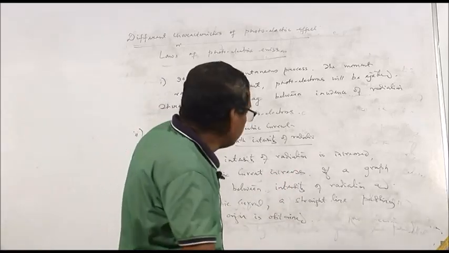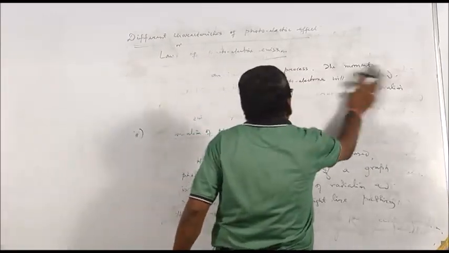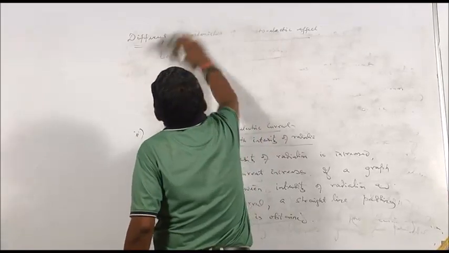You plot a graph between intensity of radiation and photoelectric current, you will get a straight line passing through the origin.